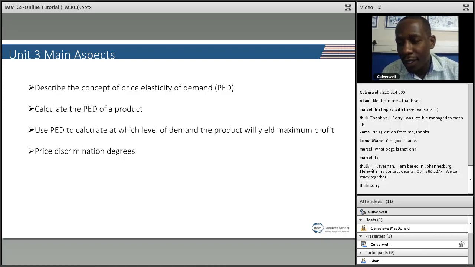If you are a student and you want a gym club membership, if you provide student proof, I'm not sure if there is an age limit, they will give you a specific discount because you're a student. If you're an elderly person, they'll also provide such. So those are the three different discrimination degrees that one needs to know before you get into the exam.